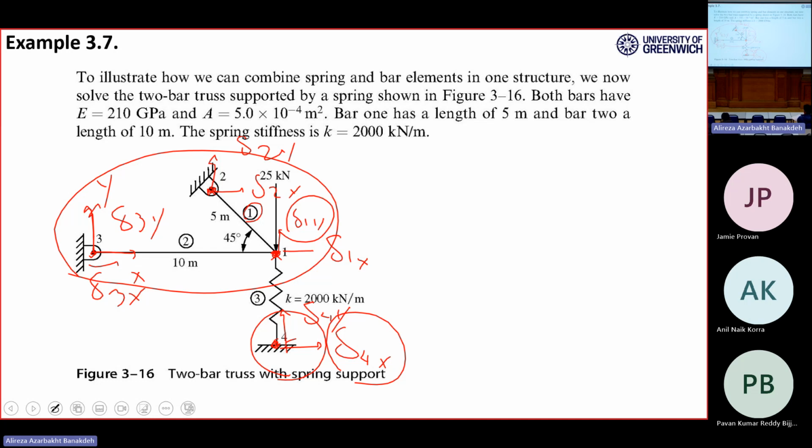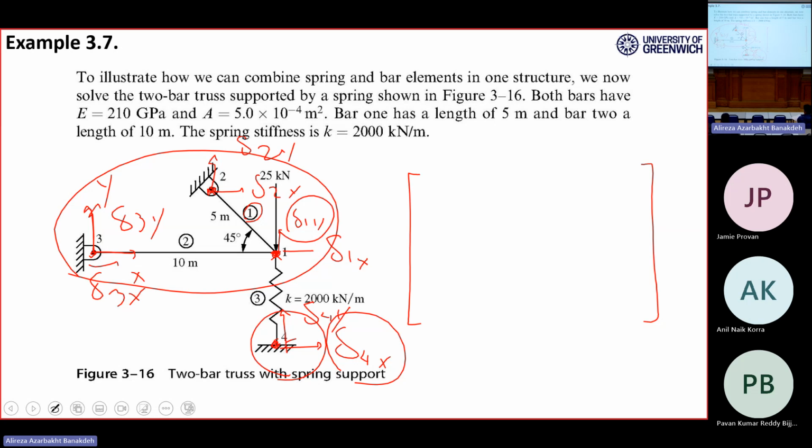But if I assemble those matrices for element number 1, element number 2, and element number 3, which is the spring, the big matrix for the structure is... assume that I don't know if it's 7 by 7 or 8 by 8.